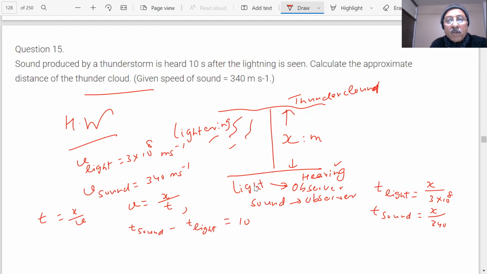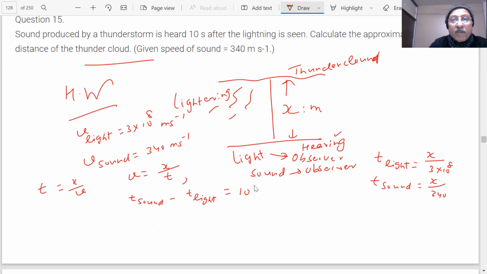Put the values. x by 340 minus x by 3 into 10 power 8 is equal to 10. Clear? Yes, sir.